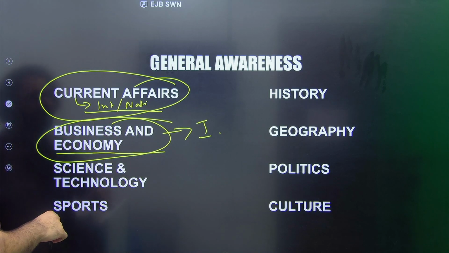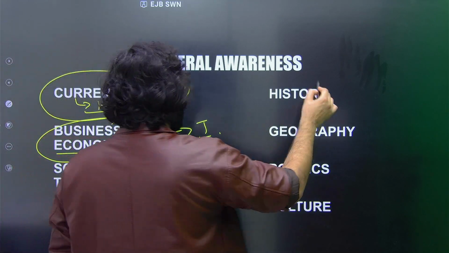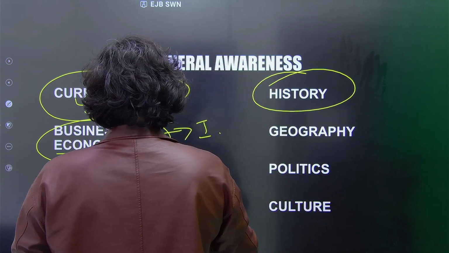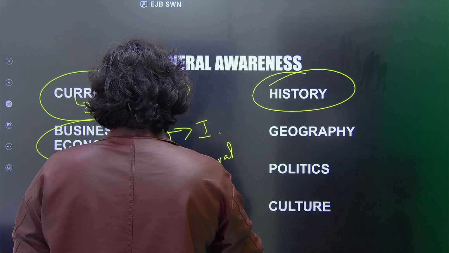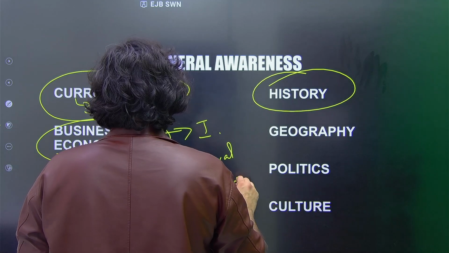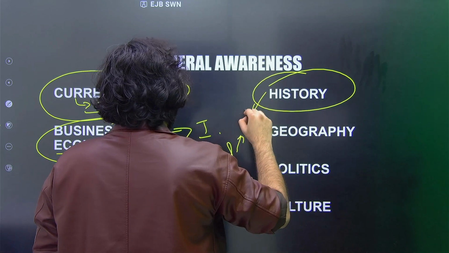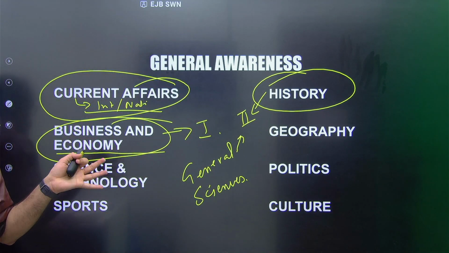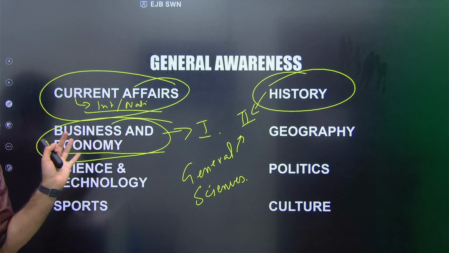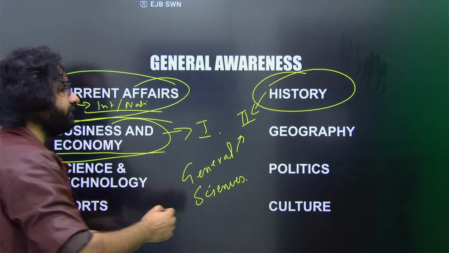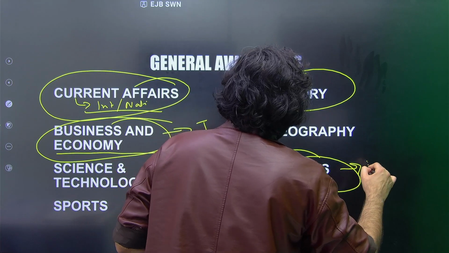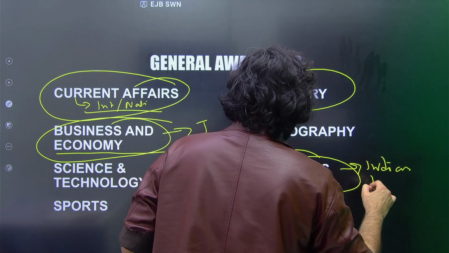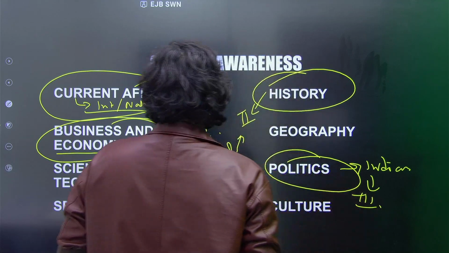On the other hand, you also have your history and general sciences. General sciences and history would fall under category 2 for us, and these are things that you should absolutely not give up on. Apart from that, any kind of famous personality, Indian politics, and that too Indian in particular, would fall under the third category.